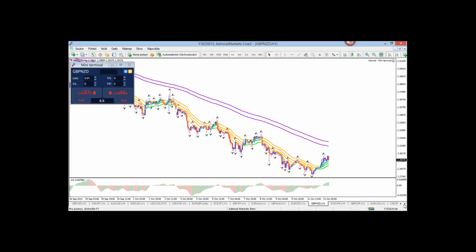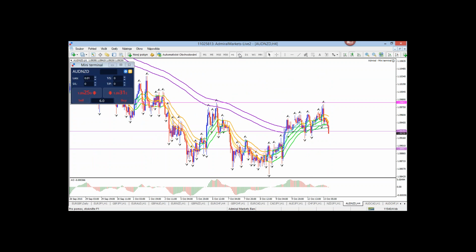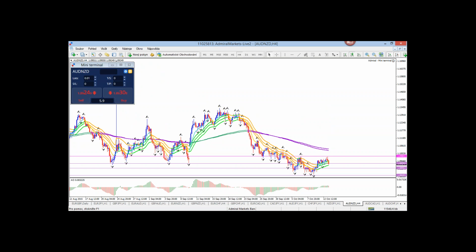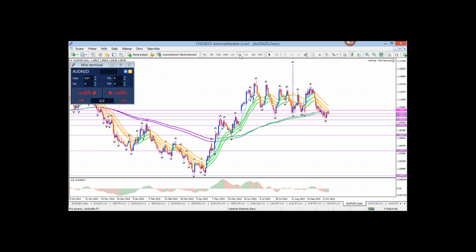Does anyone have a favorite in mind by any chance? Oh, I'm curious about the odd New Zealand, because I see Kiwi upside potential, but odd first downside. So does that make sense on the odd New Zealand?